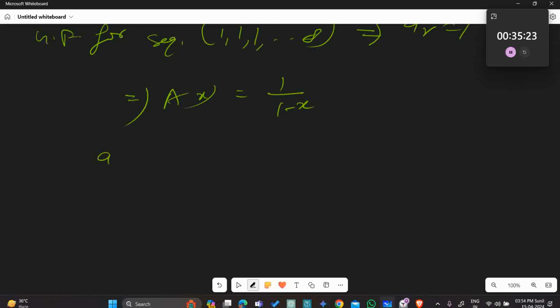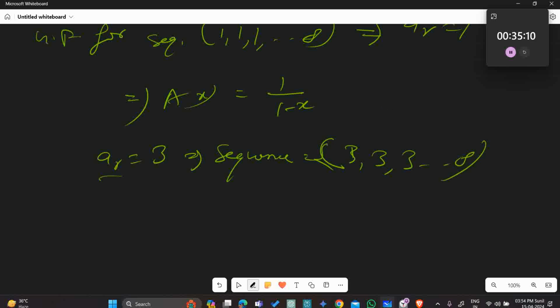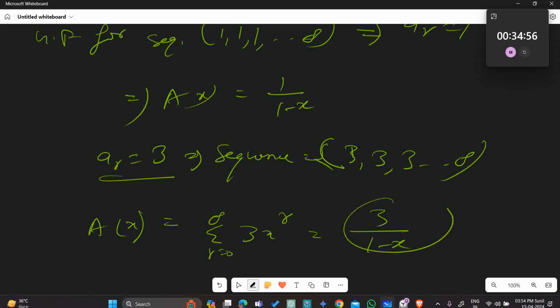If a of r is equal to 3, which means the sequence is 3, 3, 3 and so on, and there is 3 here, so a of x for this will be sigma r is equal to 0 to infinity 3 x to the power r, which is 3 upon 1 minus x, right?